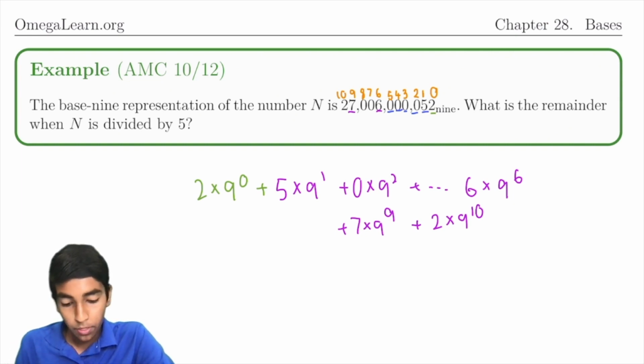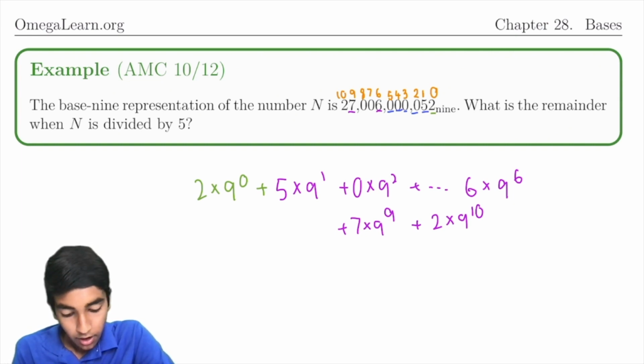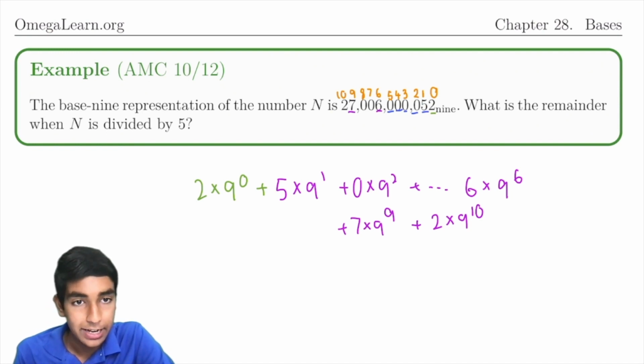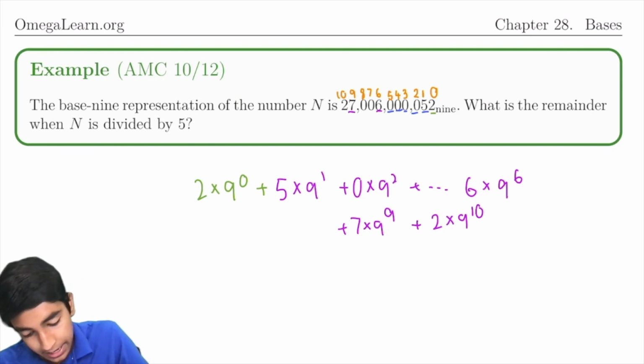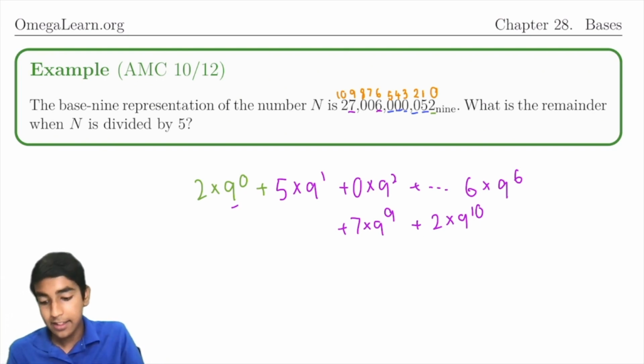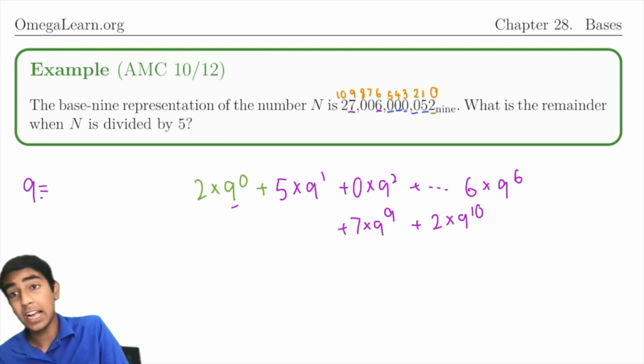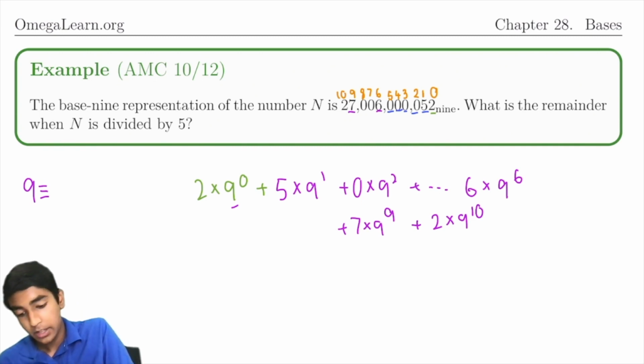Okay, so then what do we do to find the remainder when it's divided by 5? Well, if you watch my videos on modular arithmetic, you'll know how to deal with this. The key here is that 9 mod 5 is -1. Should definitely check out the modular arithmetic video. 9 is congruent to -1 mod 5.